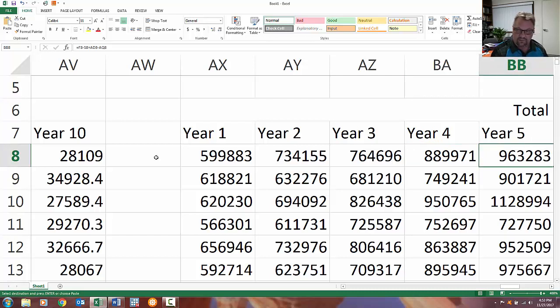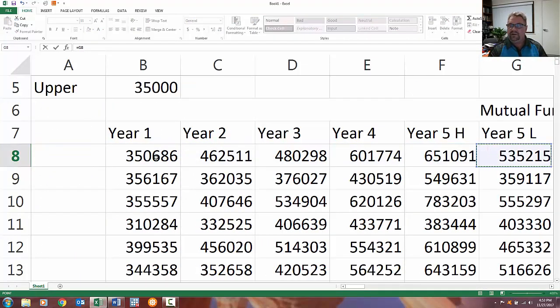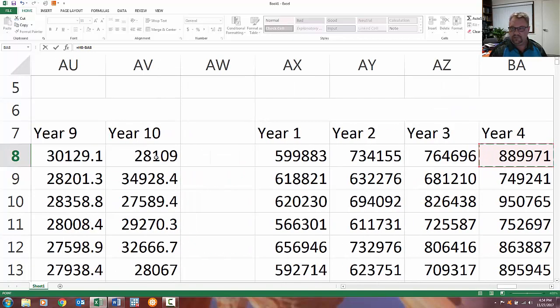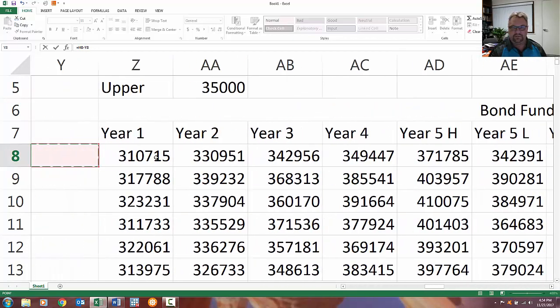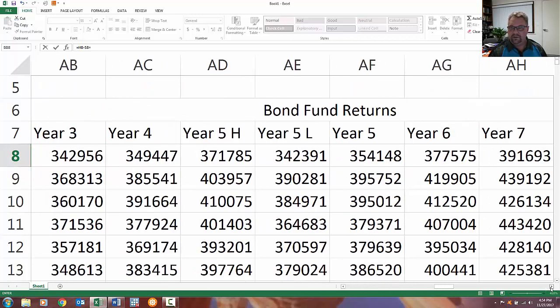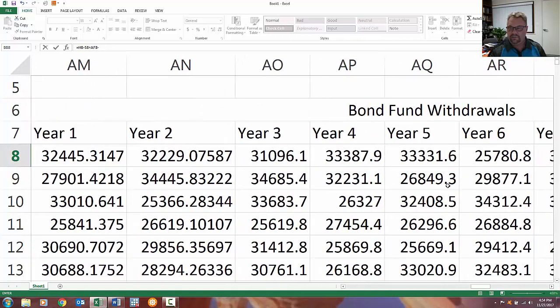So the year 5 now is going to be equal to the weighted average returns from the mutual fund minus the mutual fund withdrawals in year 5, plus the weighted average returns from the bond fund minus the withdrawals from the bond fund. And there you go.